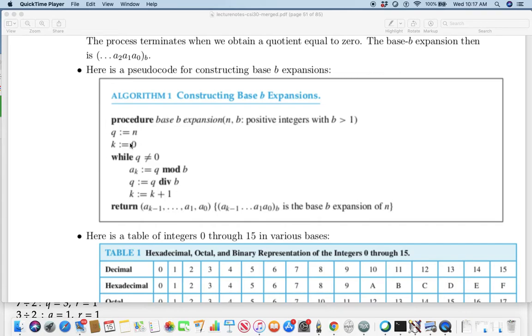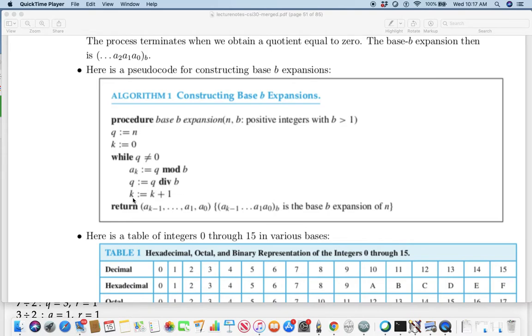So that you are going to now find the very first remainder. While the quotient is non-zero, you divide the quotient by b. The remainder you get is called a_k, so it's assigned to the variable a_k. And q then gets updated by the quotient when the older q is divided by b.